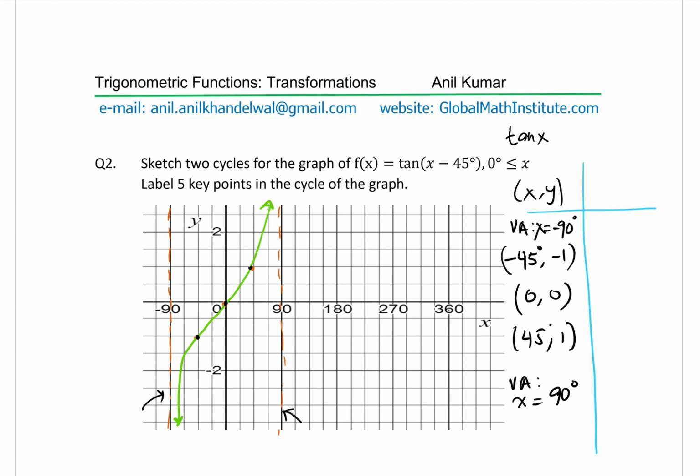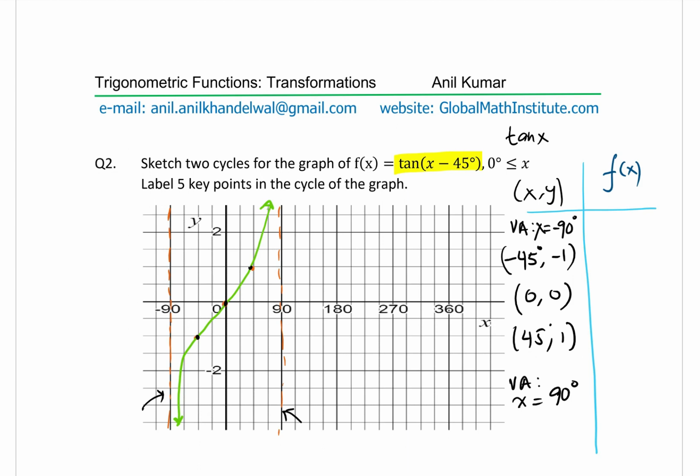And now let us write down the values for the function f of x, which is translated 45 degrees to the right. So the y values now will not change, but the x values will change. To the x values, we are going to add 45 degrees, right?